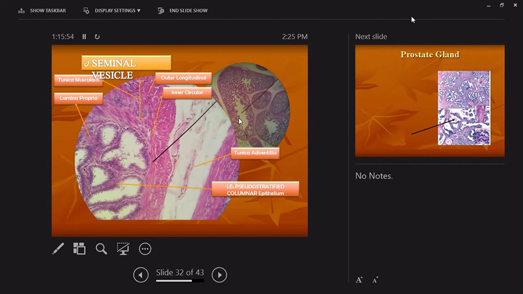There is no middle smooth muscle layer. It's only the inner circular and the outer longitudinal. And then you have your tunica muscularis, and the last, of course, is the tunica adventitia. So take note of that: there is no middle smooth muscle.